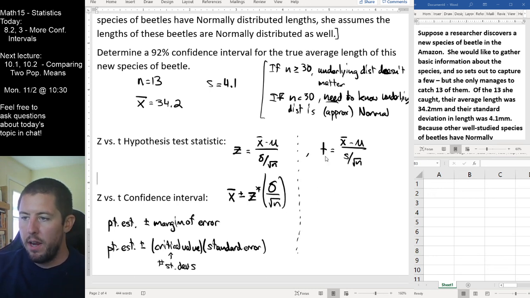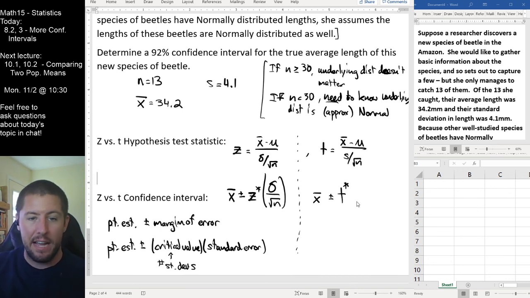On the other hand, if we're using our T distribution information, the only thing that changes is we know S instead of sigma, and therefore we want to use a T distribution instead of a Z distribution. My best guess is still going to be my sample average. I'm still going to compute my number of standard deviations away, but I'm going to use a T distribution. So we'll call this T star instead of Z star, but our concept is exactly the same.